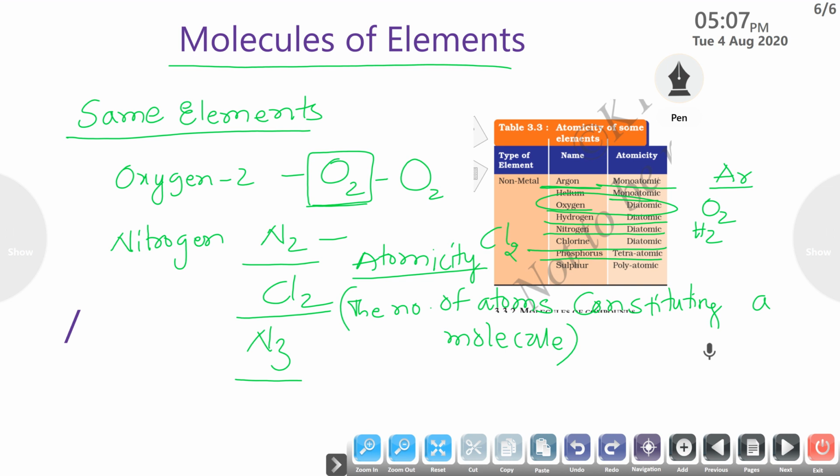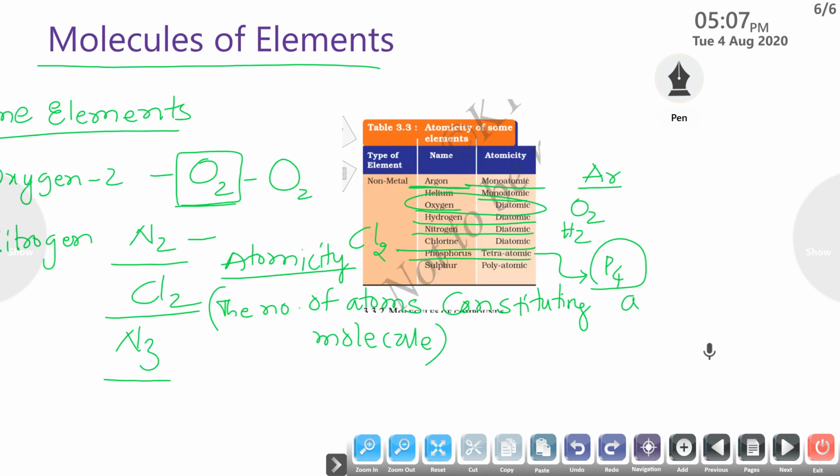Phosphorus is said to be tetra. What is tetra? That means 4 atoms of phosphorus, so it is said to be tetraatomic. Last one, sulfur is said to be polyatomic. Poly means more than 4. Once again, the number of atoms constituting a molecule is atomicity.